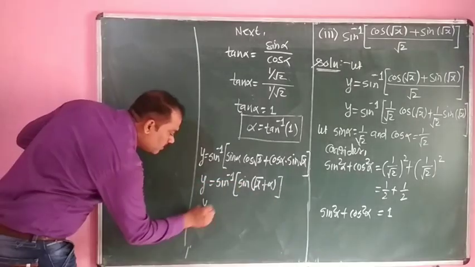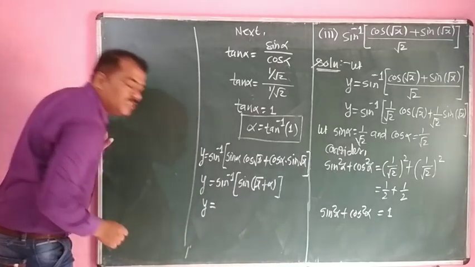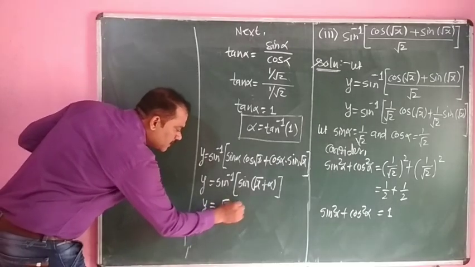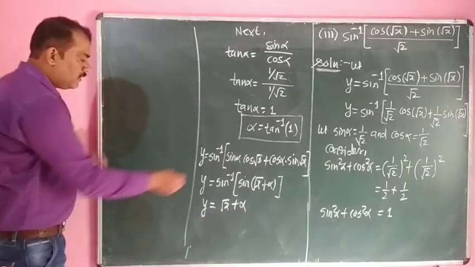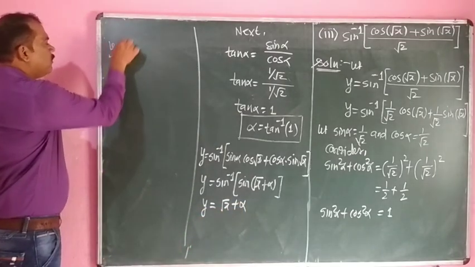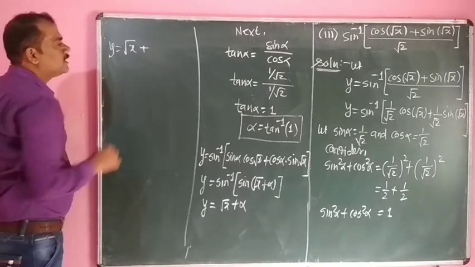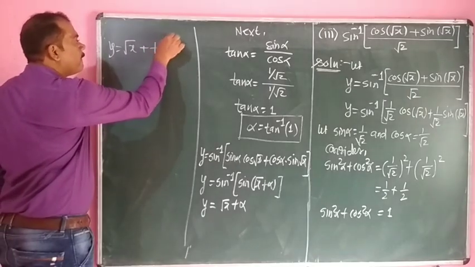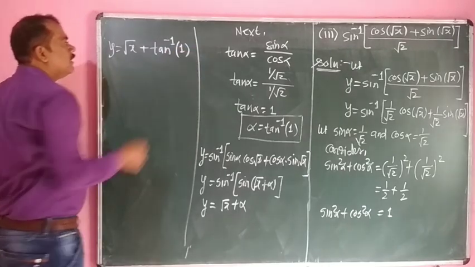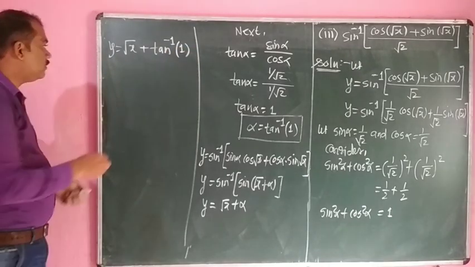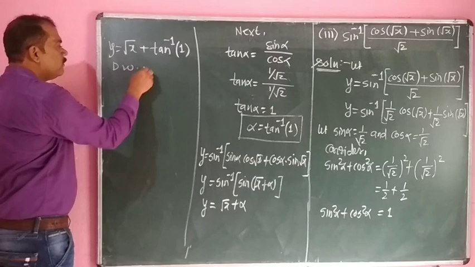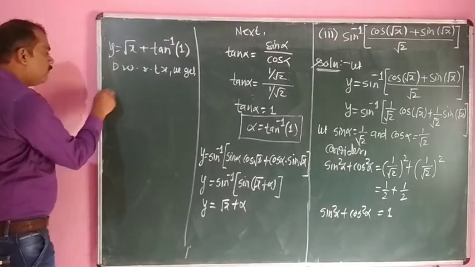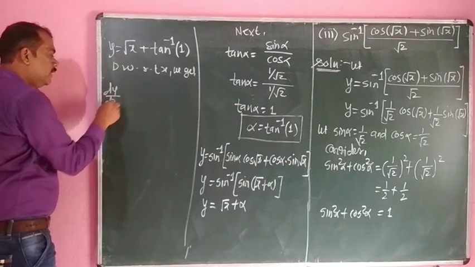The terms are interchanged, so this formula is correct now. So y is equal to sin inverse of sin. By using sin inverse of sin x is nothing but x, we get root x plus alpha. We substitute the value of alpha, so y is equal to root x plus tan inverse of 1. Now we differentiate with respect to x. We get dy by dx.